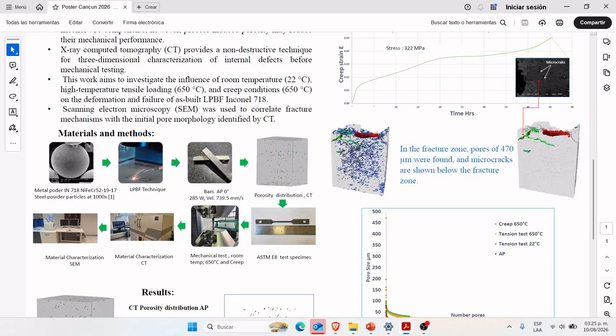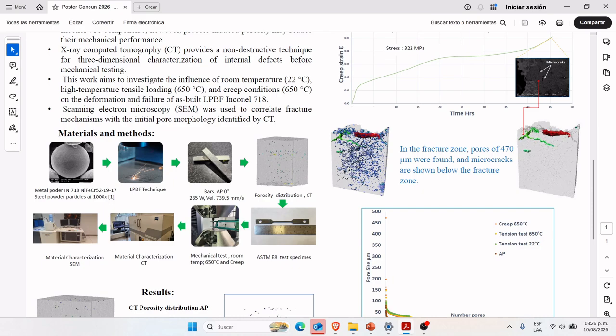Now, I would like to talk about materials and methods. The superalloy Inconel 718 was chosen. The LPBF technique was used to obtain bars printed at 0 degrees with dimensions of 112 by 28 by 16 millimeters.